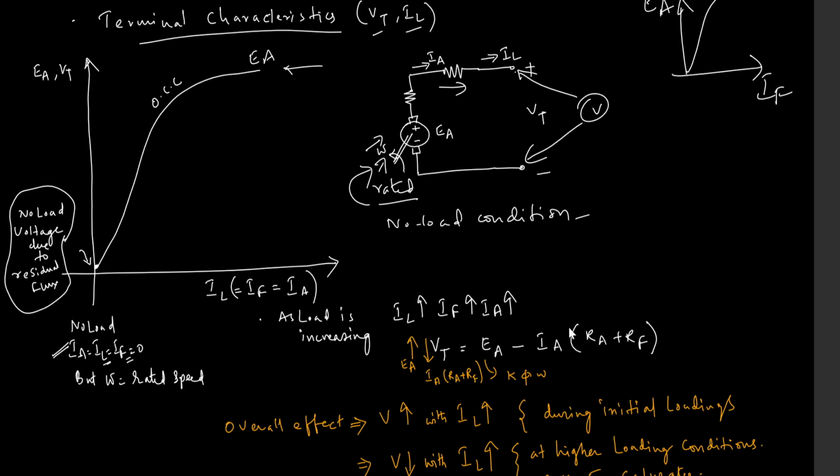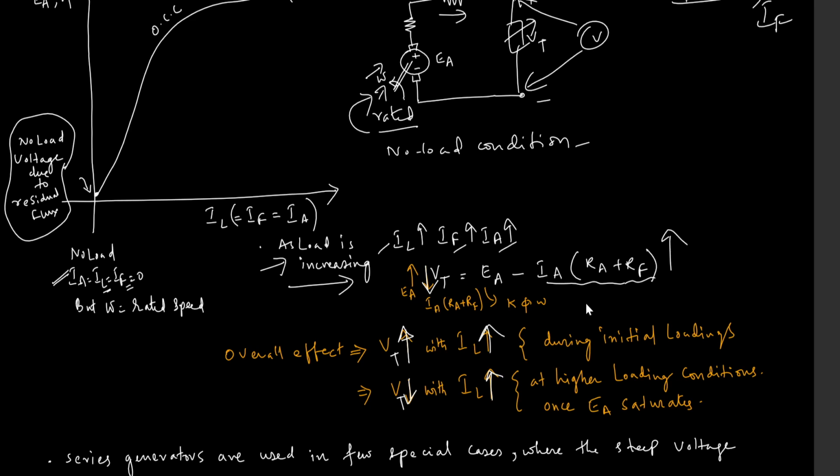Now from this position, as the loading increases, I apply some load, slowly and gradually increasing the load. Now this increase in load current will have two effects. One is, with the increase in load current, the field excitation increases and EA increases, and as EA increases, the terminal voltage increases.